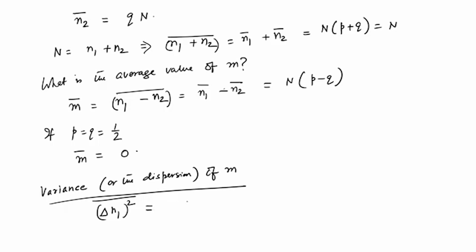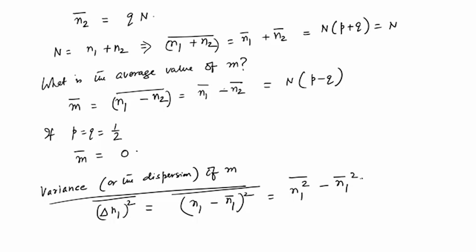This is equal to the average of n 1 minus n 1 average, whole square, which is equal to n 1 square average minus n 1 average square.